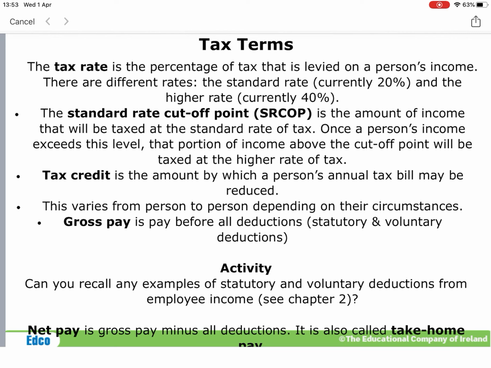So therefore we know it's a progressive tax. The more you earn, the more tax you pay. You've got a standard rate cutoff point, which defines how much money you will pay at the lower rate, and anything above that, you must pay at the higher rate. Tax credit is a reduction on the tax that you must pay. Gross pay is how much money you receive from your employer before deductions. And net pay, otherwise known as your take-home pay, is when you take away your deductions from your gross pay.